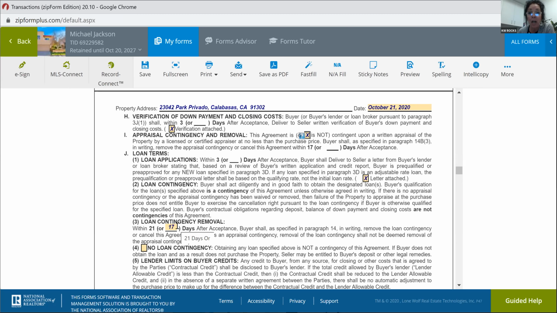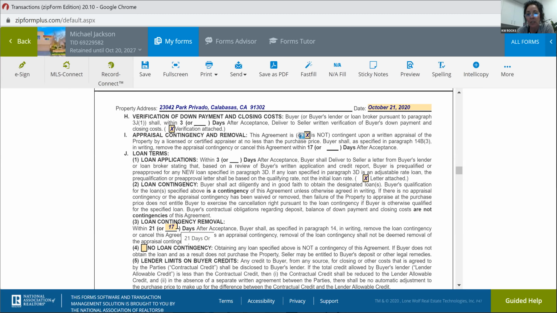However, because it's not contingent upon a written appraisal, they cannot cancel the agreement just because the appraisal did not come in. The appraisal not coming in may force them not to get the loan approval, but it's not part of the deal. You said it's not contingent.